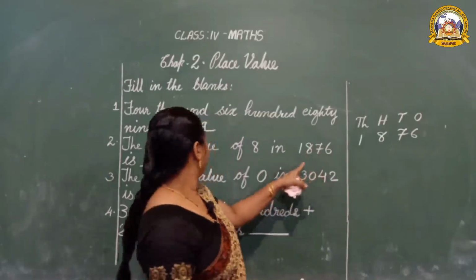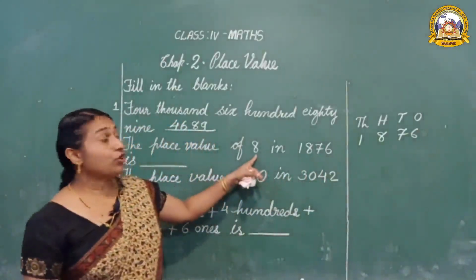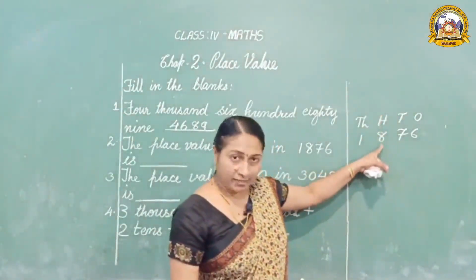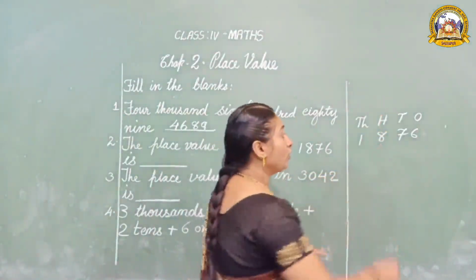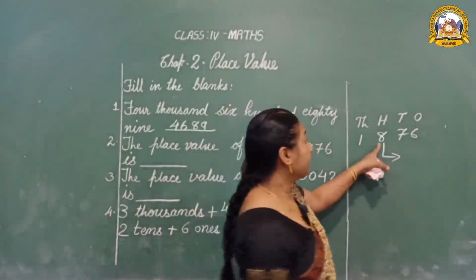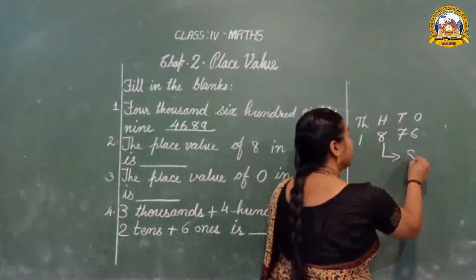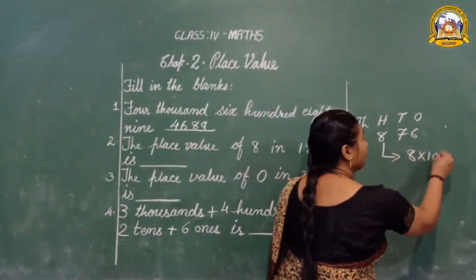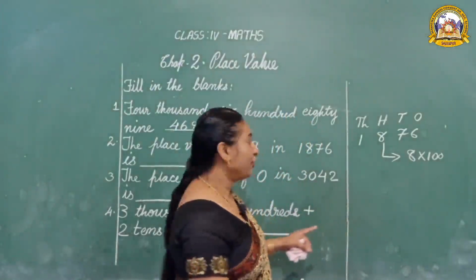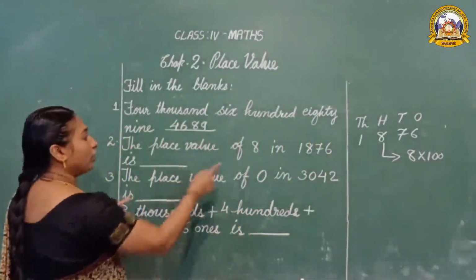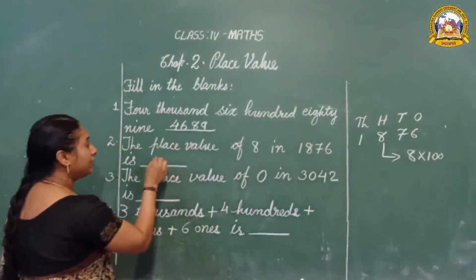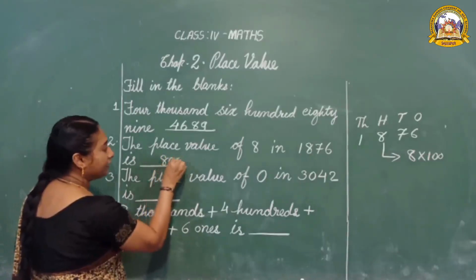Okay, we want the place value of 8. Where is 8? Under 100. So, the place value of 8 is 8 into 100. What is that? 800. Did you get it? So, let us write the place value of 8 in 1876. What is that? Yes, 800.